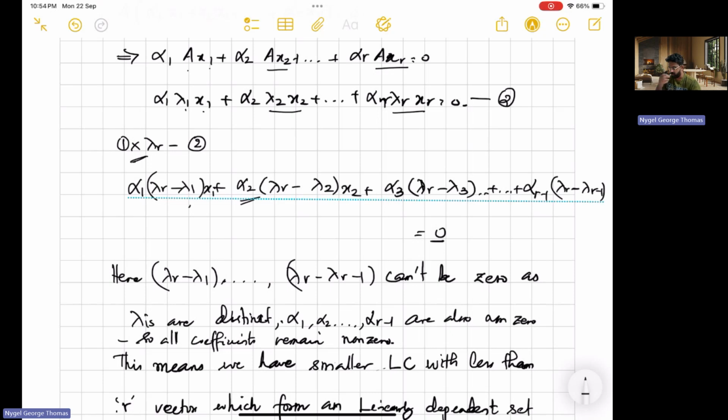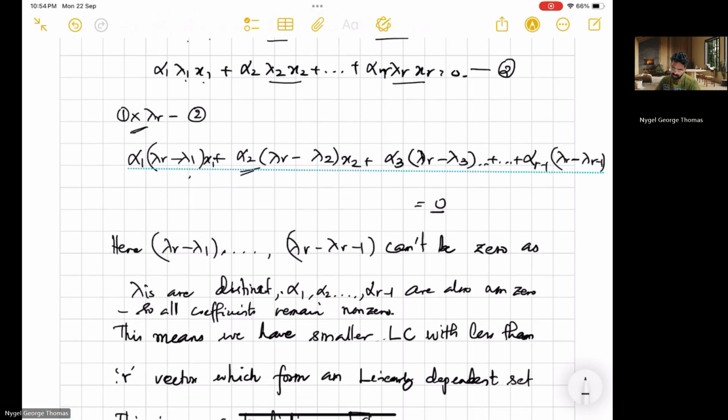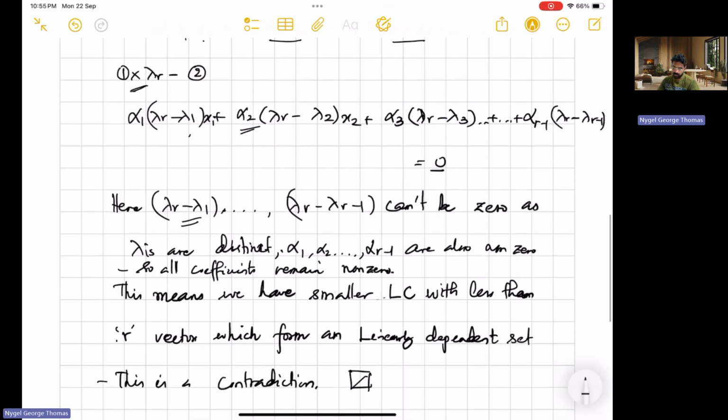The last term goes to 0 because it has lambda r minus lambda r. Here, lambda r minus lambda 1, etc., lambda r minus lambda r minus 1 can't be 0. Why? Because we've already said that all these eigenvalues are distinct. If they're distinct, the difference between them can't be 0. So all the coefficients remain non-zero.